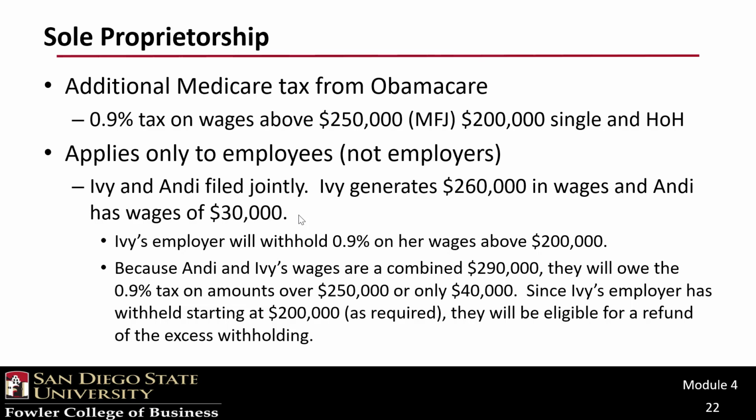Andy's additional $30,000 in wages creates total combined wages of $290,000, which is $40,000 higher than the married filing joint threshold of $250,000. Thus, Ivy and Andy will owe 0.9% tax on the $40,000 of excess. But because Ivy's employer withheld on $60,000 of Ivy's wages, they'll actually be entitled to a refund when they file their income taxes.